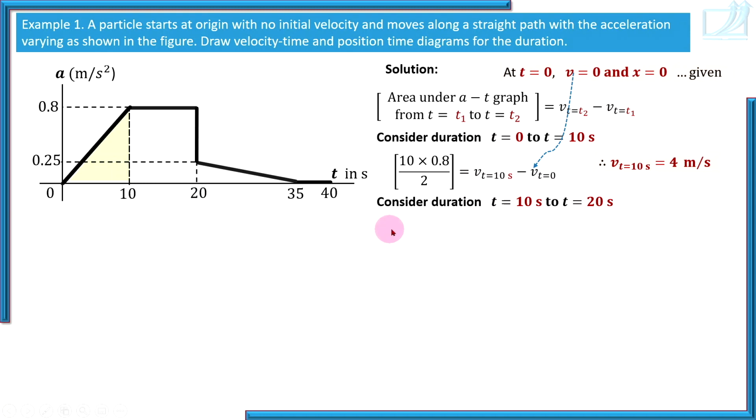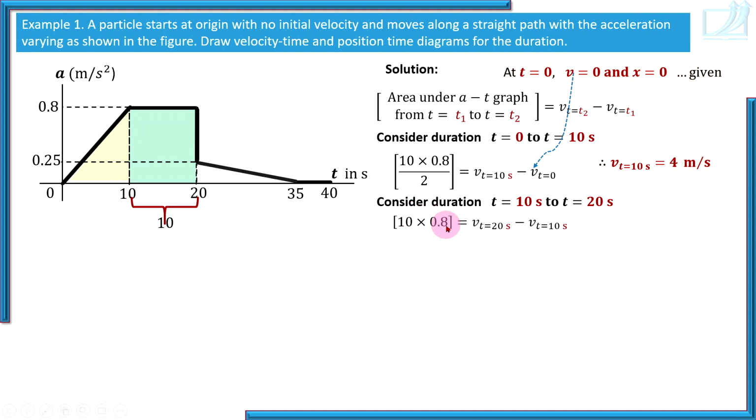Okay. So now consider the duration t equal to 10 seconds to t equal to 20 seconds. In this duration, what is the area under the AT diagram? So it is a rectangular area. Base is 10, from 10 to 20. So it is 20 minus 10, that is the base, and height is 0.8.